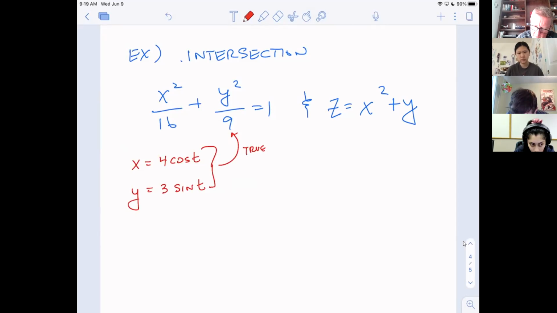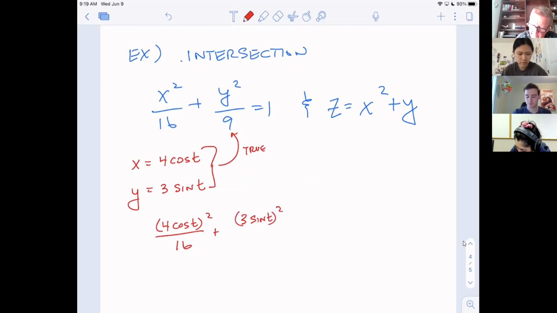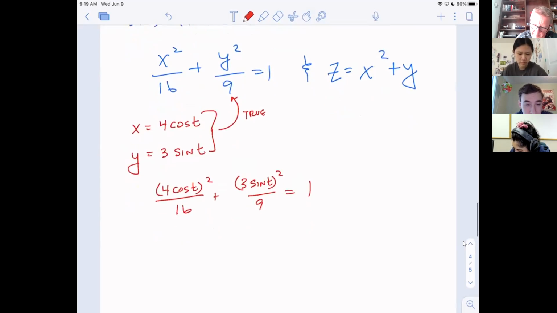If I take 4 times cosine t and I square it, and I add that to 3 times the sine of t and I square that, notice you end up with cosine squared t plus sine squared t equals 1. Hey, that's actually true. That's why I chose those.